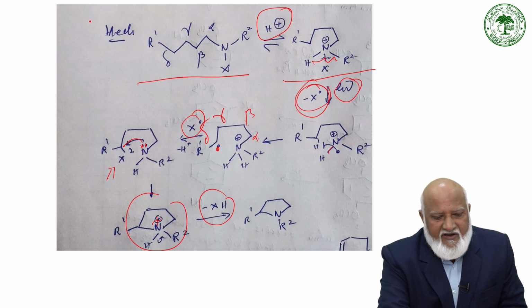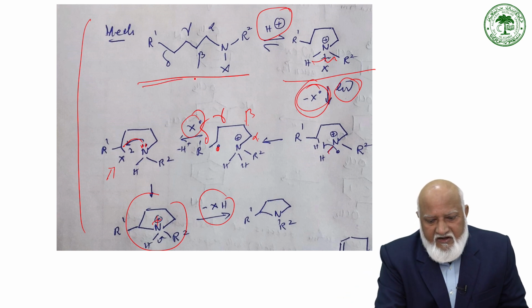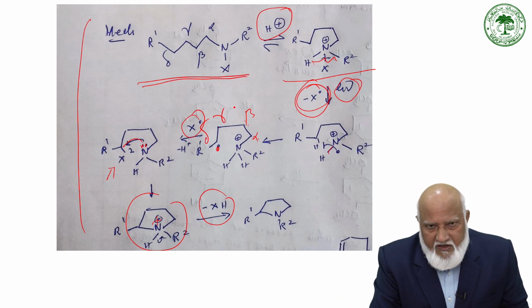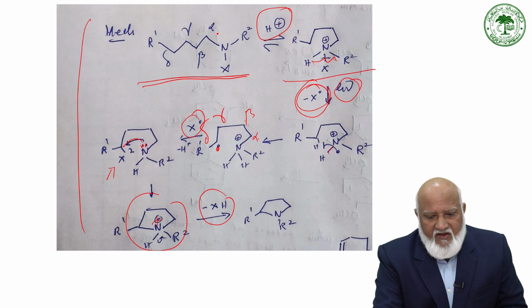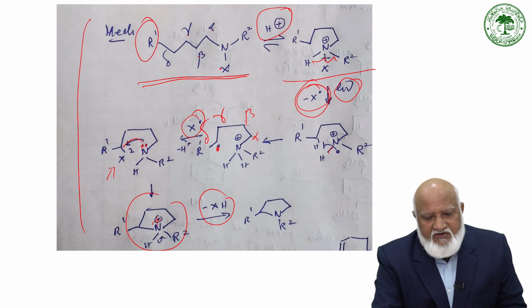So this is the overall mechanism involved in this named reaction, where an N-halogenated open chain amine has alpha, beta, gamma and delta positions, with a 1, 2, 3, 4 carbon system, a highly generalized reaction.